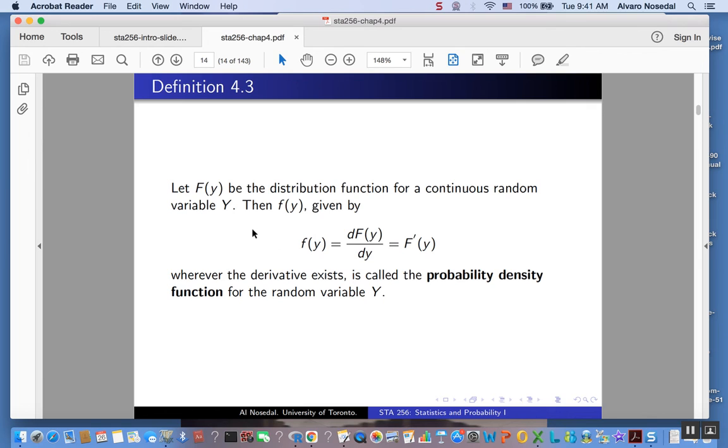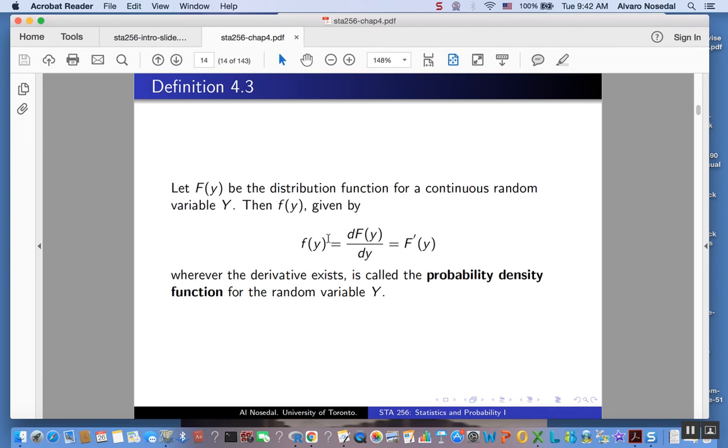Now, we also mentioned at the beginning that we were going to introduce another function, the PDF, the probability density function. And that function is related to the CDF.